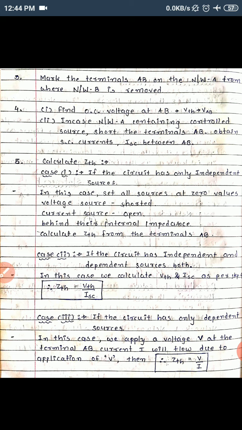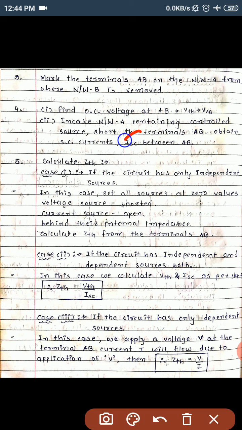In case network A contains a controlled source, short the terminal AB and obtain the short circuit current ISC between terminals A and B. In case a controlled source is given in network A, at that time we must short the terminals AB and find the short circuit current ISC. But if a normal source is given, then we have to find only VTH across the terminals AB.